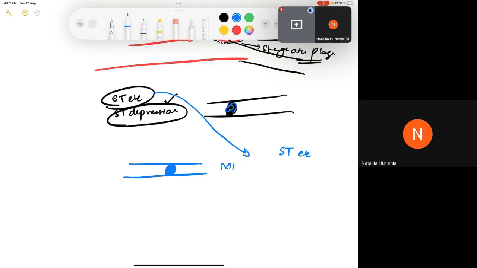It's completely blocked, so it's elevation. It's elevation because it's going to lead to transmural infarction. Transmural infarction is your elevation. We discussed it in detail. Your entire layers of the heart are going to become infarcted, right? When it's closed.